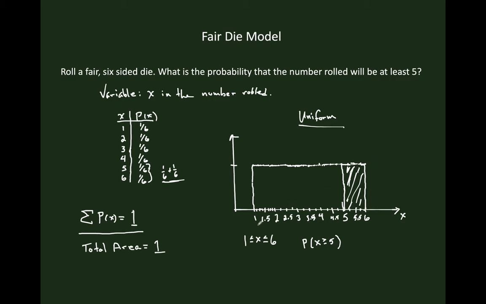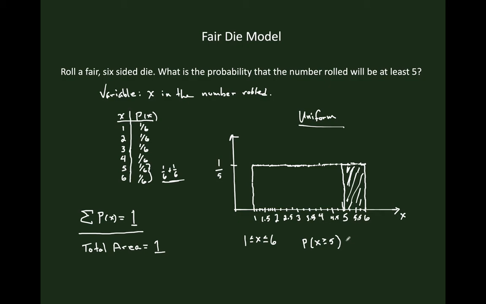What's the base? It's 1 to 6, so that distance from 1 to 6 is 5. And if I make the height of this distribution 1/5, can you see now that the total area under the curve is 1? 5 times 1/5 is 1.